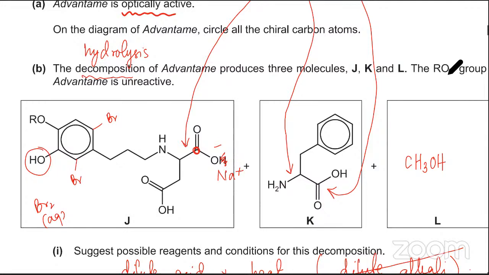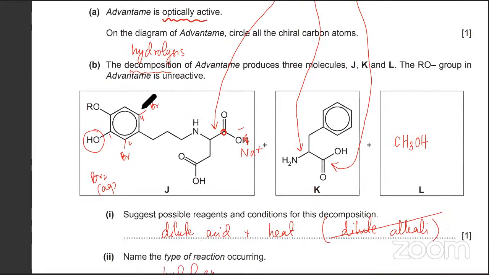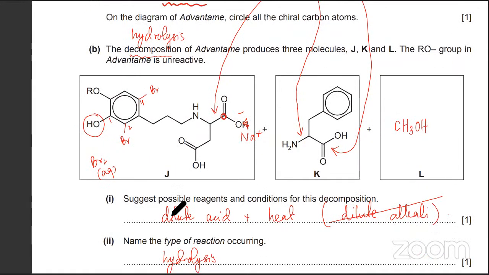He's already stated that the RO group is unreactive, so we're assuming that the RO group does not exist. If this is 1, then this is 2, this is 4. At the 6th position, there's already something attached, so we're not going to put bromine at that position. Okay, so is this clear that it's a highly activated benzene?